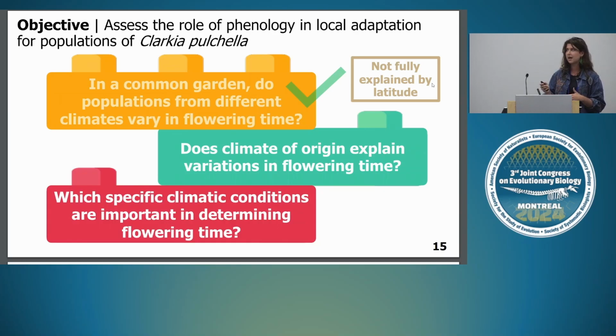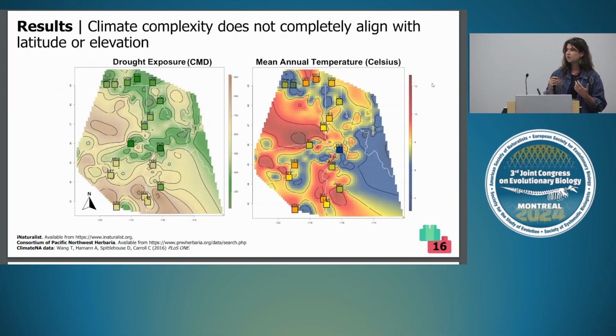So I decided to look at 2 biologically informed variables. One is drought exposure or climate moisture deficit, and then also mean annual temperature. And at first I looked at the annual patterns of these, which you can see in these heat maps. But as I started to explore this even more, I found that there was some temporal variation throughout the year.